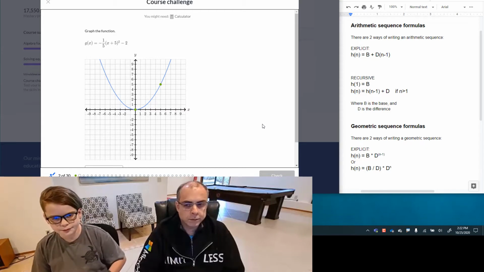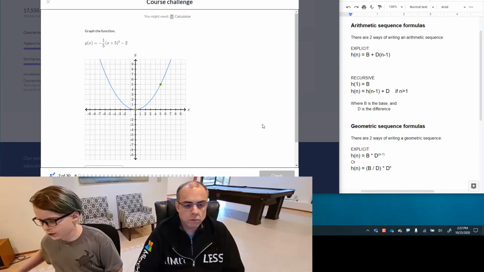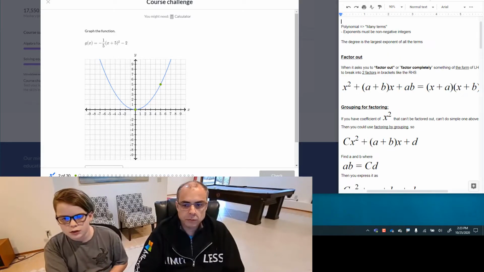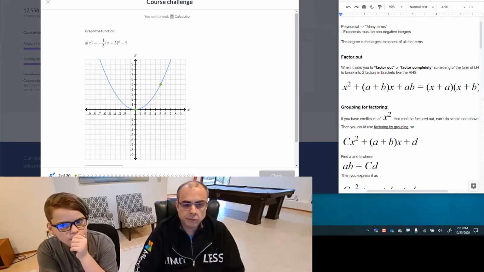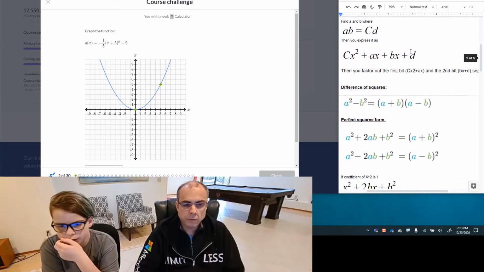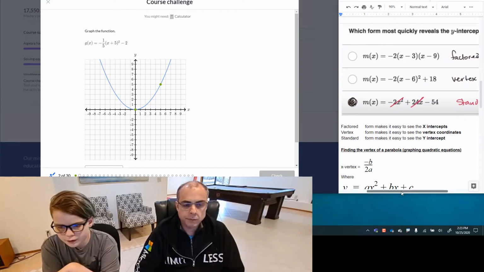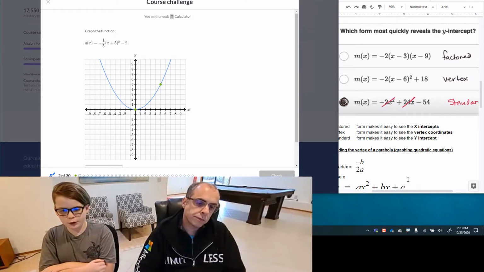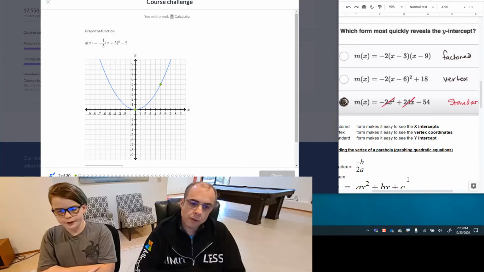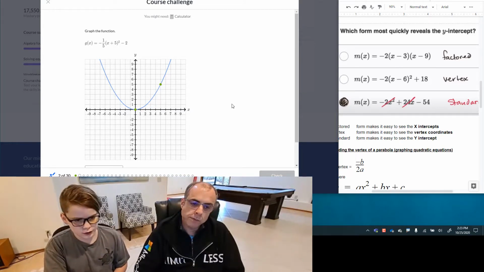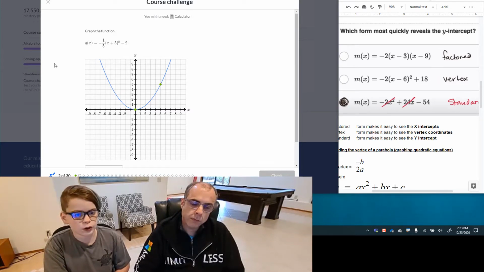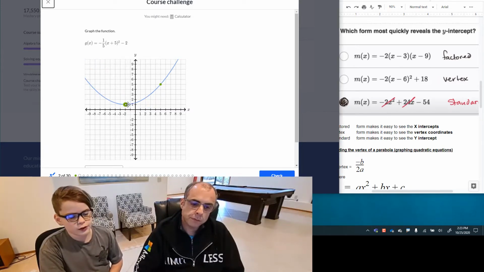So then it's in vertex form, so it tells us the vertex.